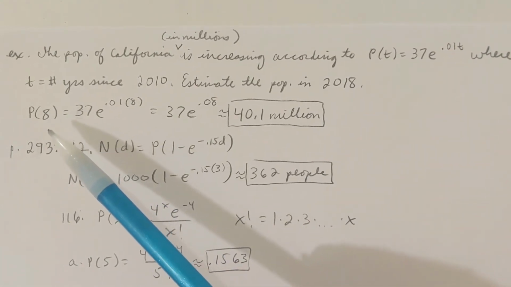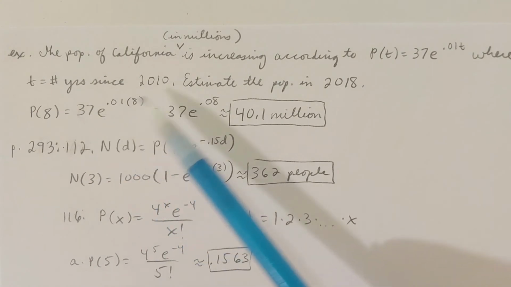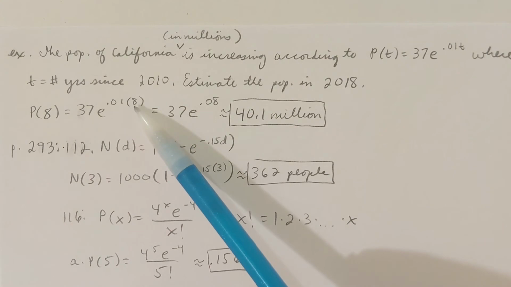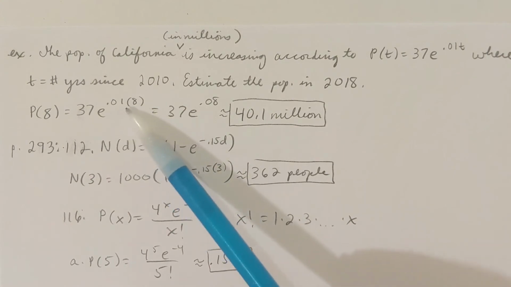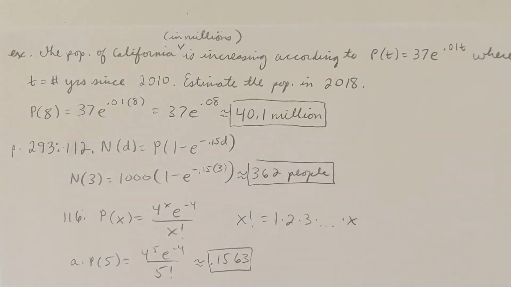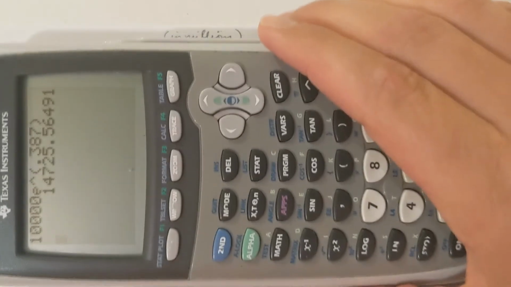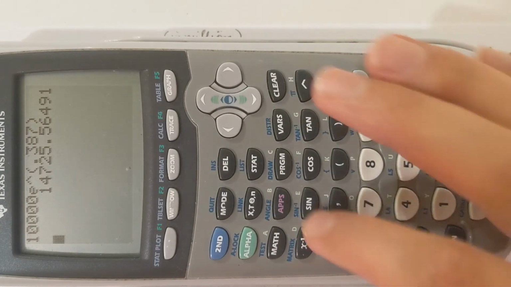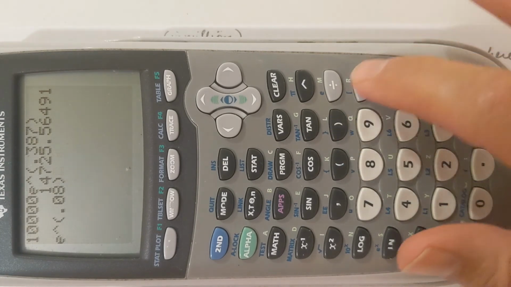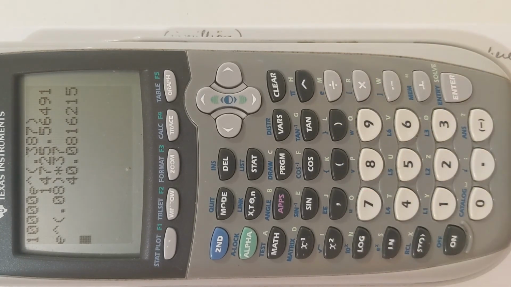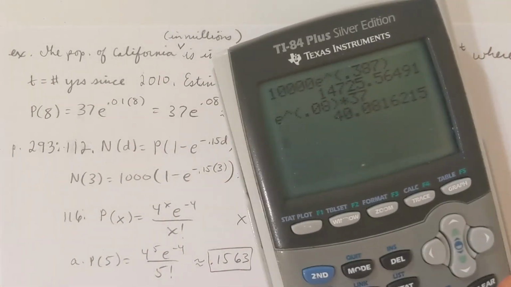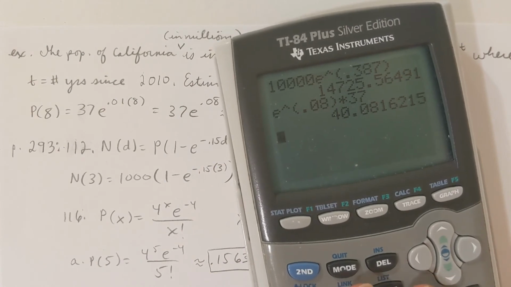So I need to know the population of this state 8 years from 2010, so 2018. t is 8. 0.01 times 8 is 0.08. 37 times e to the power 0.08 is roughly 40.1 million people.